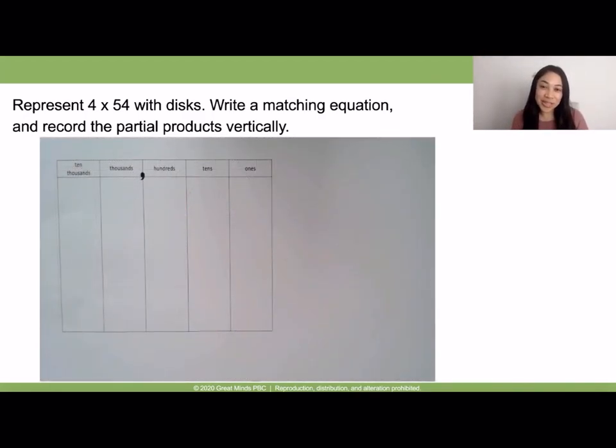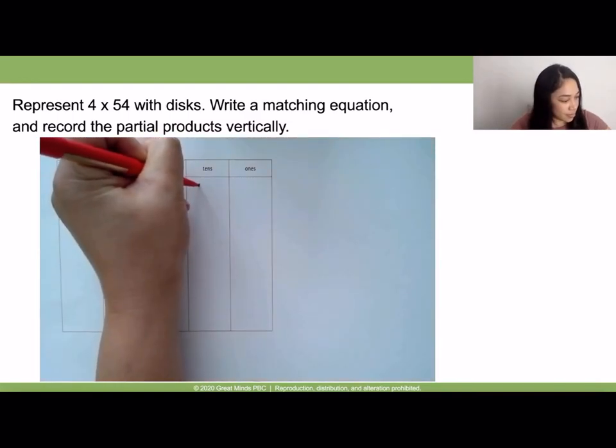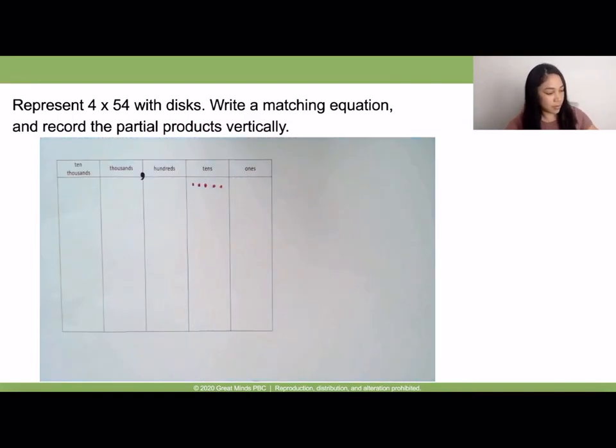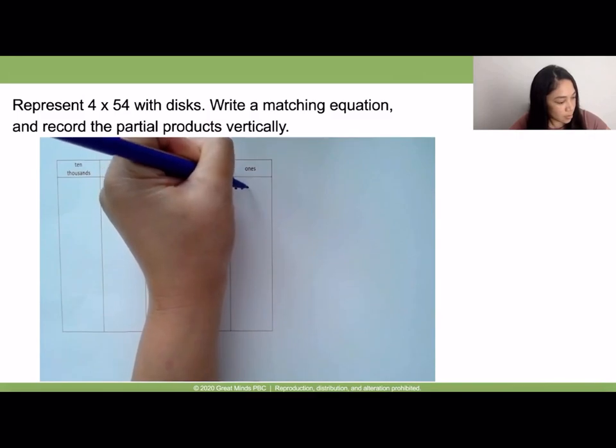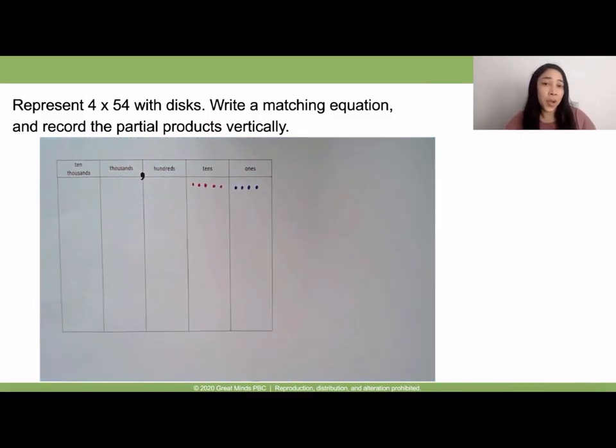Next, let's draw discs to represent the number 54 on our place value chart. What's 54 in unit form? 5 tens, 4 ones. We're now going to draw 3 more groups of 54 on our chart. I already have one group. Let's draw another.